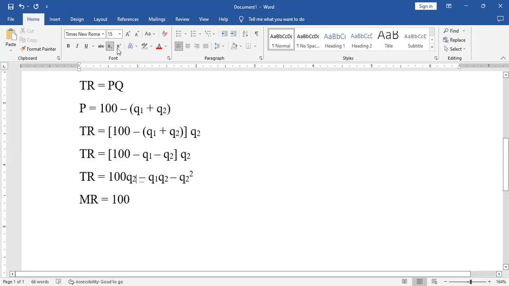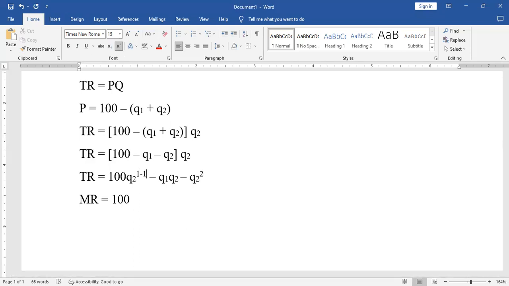As per tradition, Q2 is as good as raised to the power 1. We derive it by multiplying the power by the coefficient, so 1 multiplied by 100 will be 100. Then from the same power we subtract 1, so 1 minus 1 will be 0. Anything raised to the power 0 gives us 1.